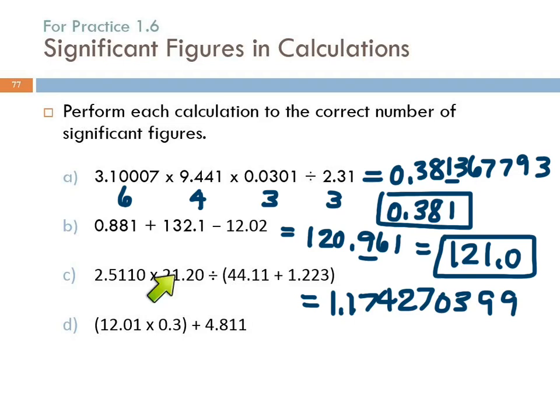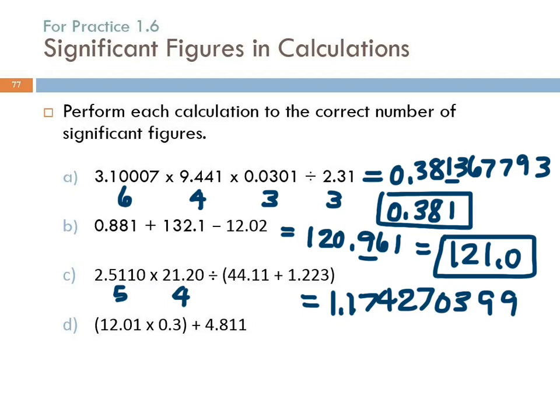The rule for multiplying and dividing is we'll look at the number of sig figs. So that first one has 5, and this one has 4. And then we're dividing by this quantity. We have to look at the result of that. So sometimes that involves going back and doing part of the question again.